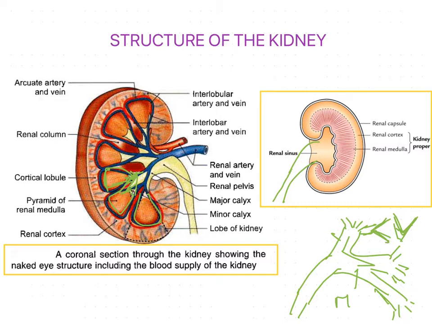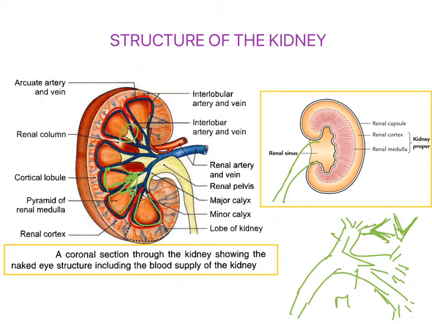The apices of 2 or 3 renal pyramids fuse to form the renal papilla, which indents into the minor calyx. Here you can see the indentation of the apices of the renal pyramids into the minor calyx.